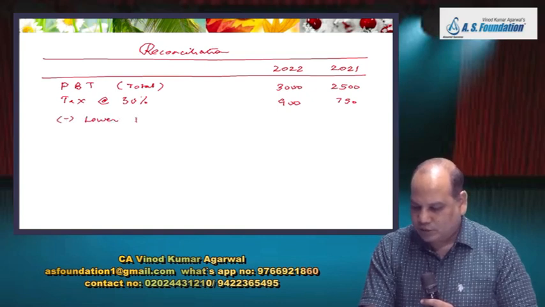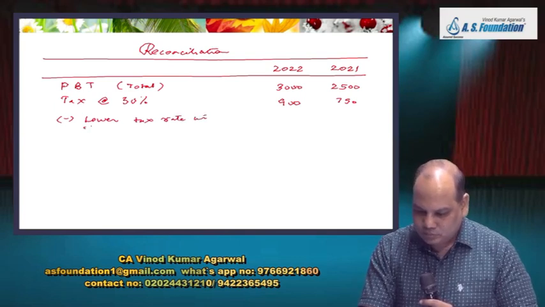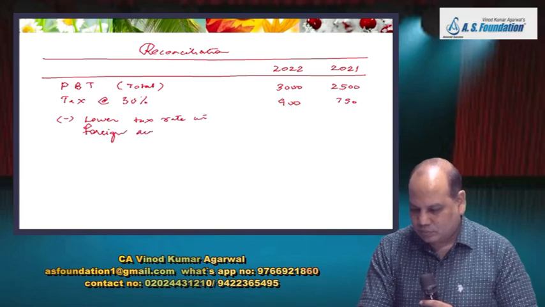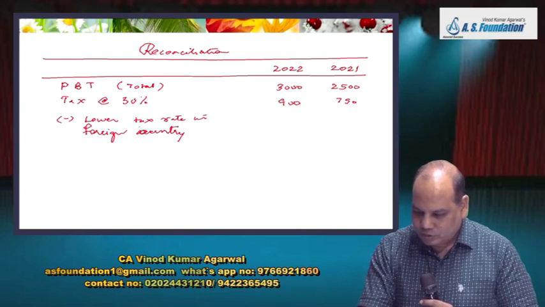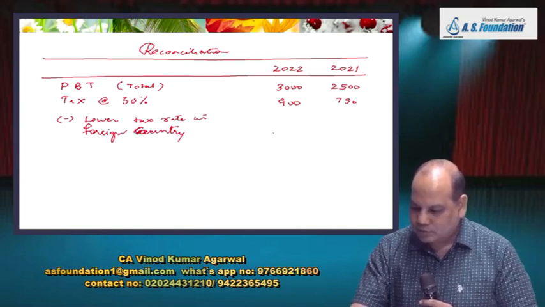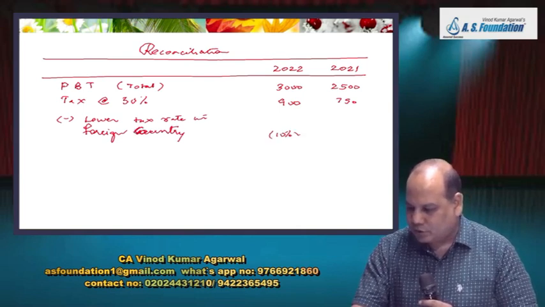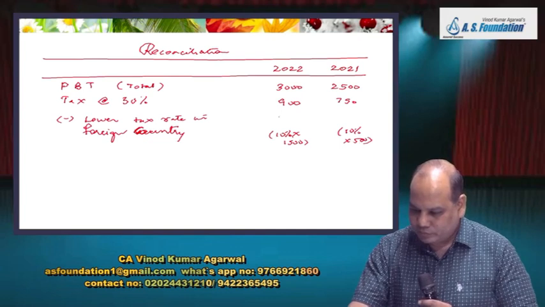Less: lower tax rate in foreign country. 10% into 1500, 10% into 500. So 150, 50.